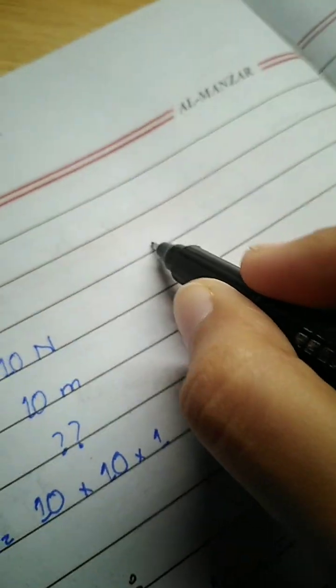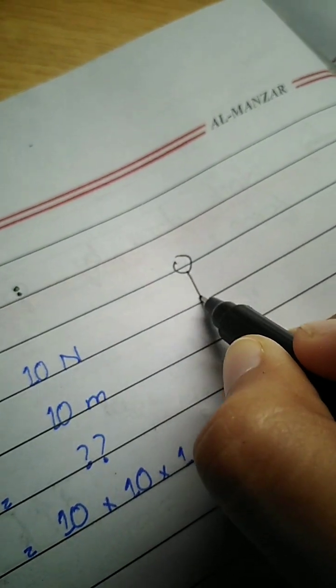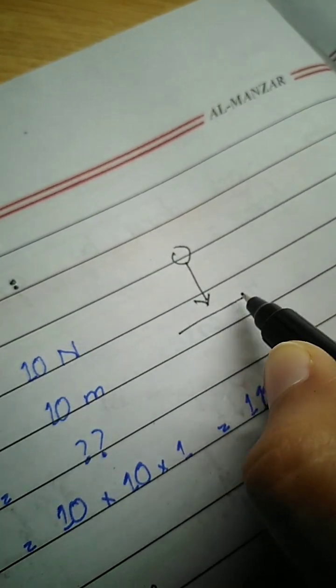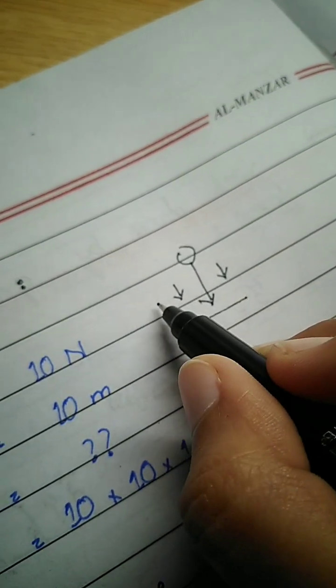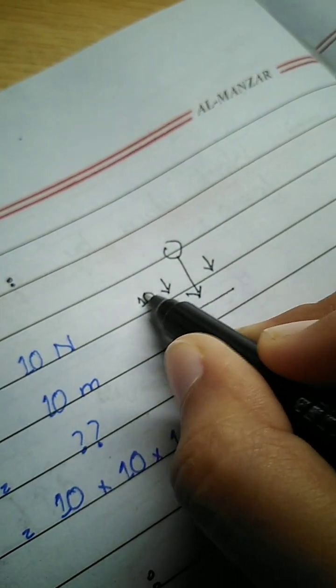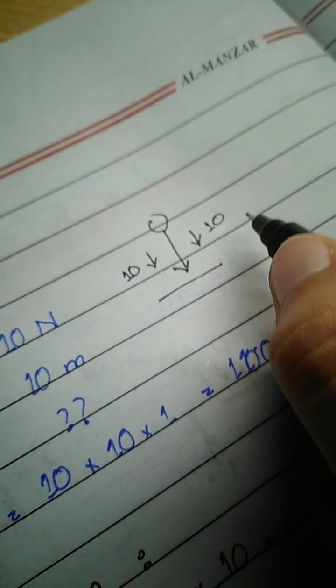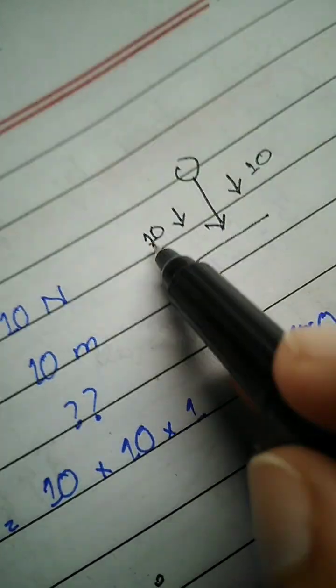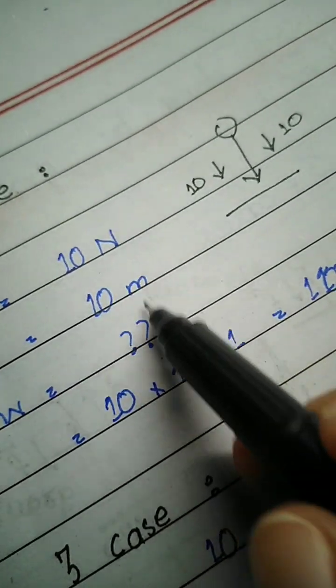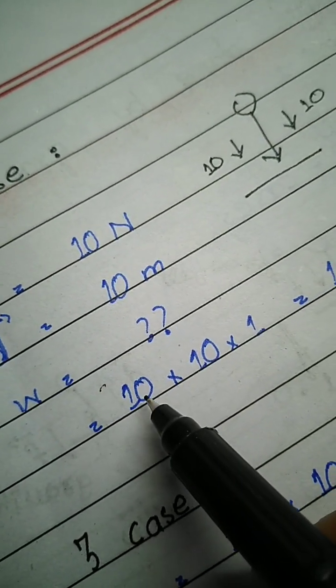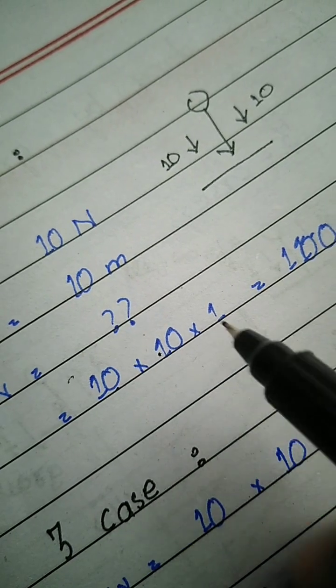Now in the second case, an object is in free fall and it comes downwards. Force is also downwards and displacement is also downwards. Now let's suppose the force here is 10 and the displacement is also 10. So what will be the work? We're just going to use the formula. Work is equal to F into D into cos theta.